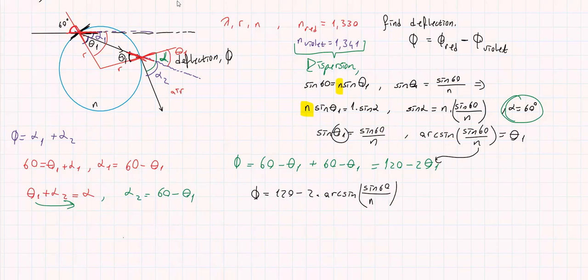Now I will insert the numbers in here. Let's say delta phi, the difference of two phi's, will be phi violet minus phi red.